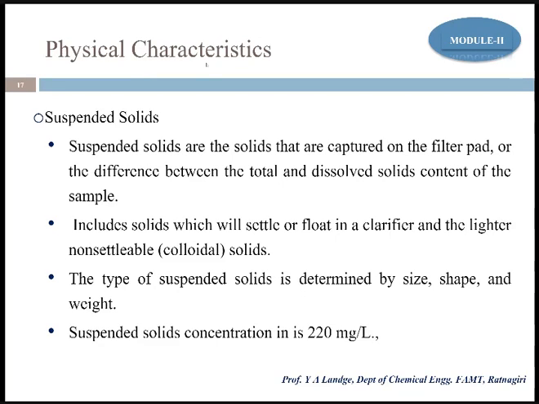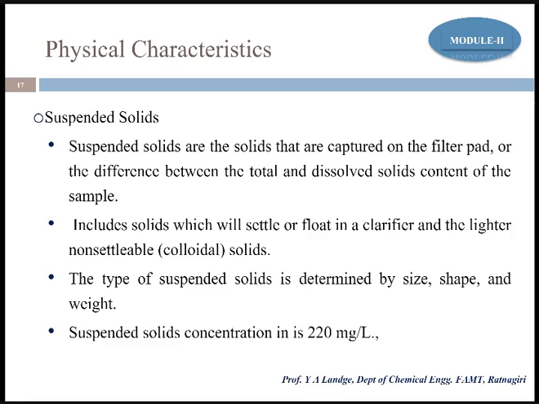Same thing for the inorganic and organic characteristics. We determine the alkalinity, how much inorganic matter is present in it, and what type of metal it is, and on that basis we will decide whether we have to go for biological treatment or chemical treatment.